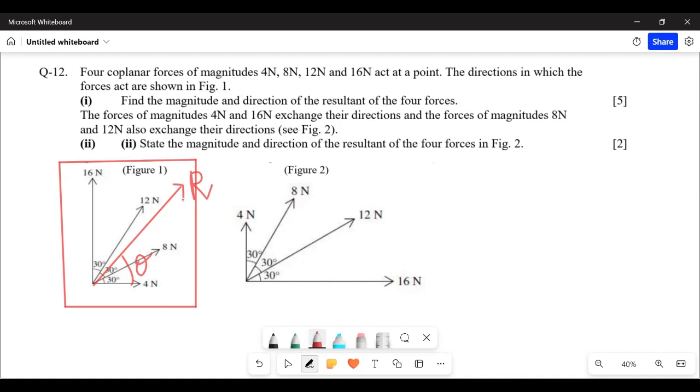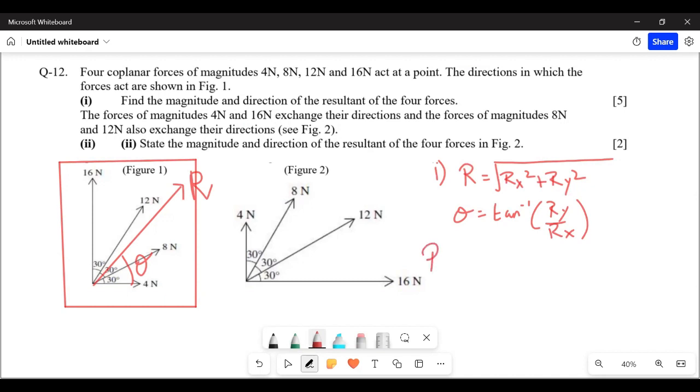So what do we know about R? R equals the square root of Rx squared plus Ry squared, and theta equals tan inverse of Ry by Rx. Let's start with Rx. Rx equals forward forces in the x direction minus backward forces in the x direction.